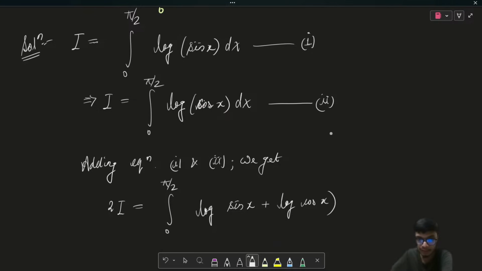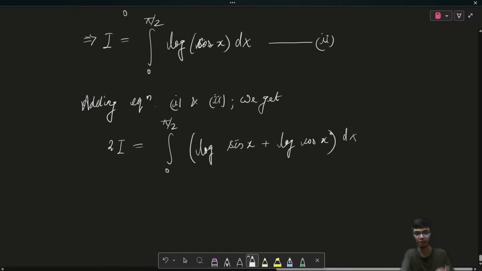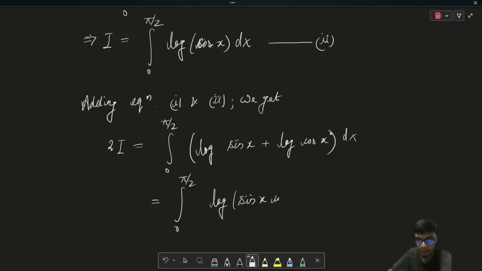Now we know that the base is the same, so the summation of logarithms with the same base reduces to a multiplication. This is a simple property of logarithm. So this becomes the integral from 0 to pi by 2 of natural log of sin x multiplied with cos x dx.